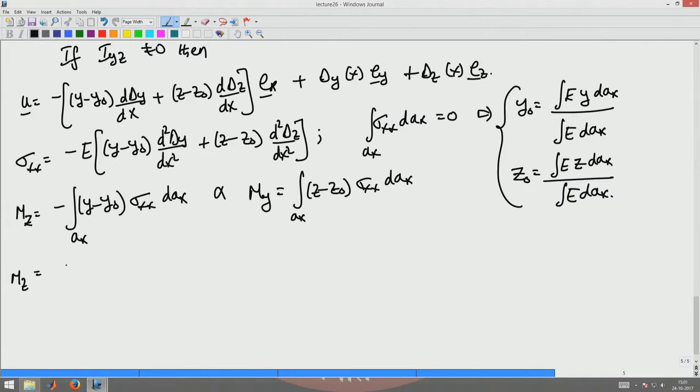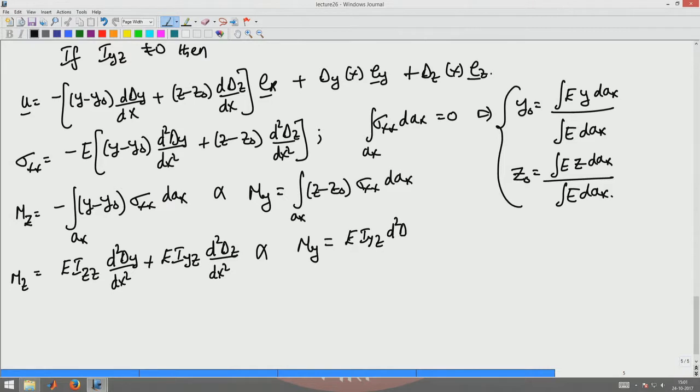Now, this will tell us that M_z is given by E times I_zz d square delta y by dx square plus E times I_yz d square delta z by dx square, and M_y would be given by E times I_yz d square delta y by dx square plus E times I_yy d square delta z by dx square.